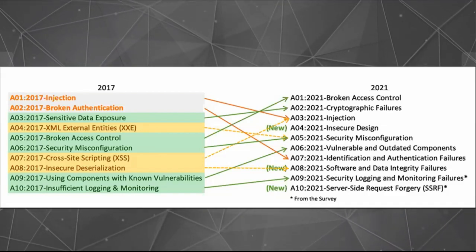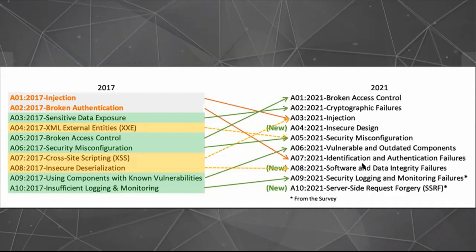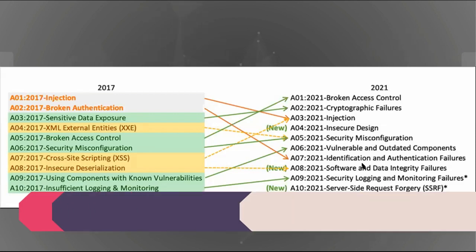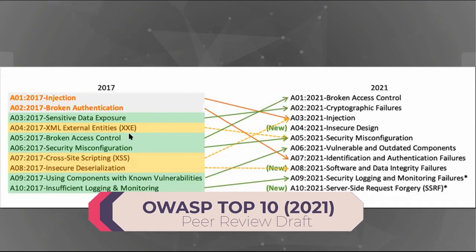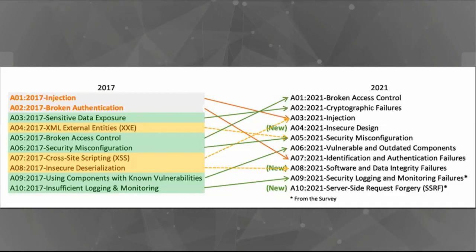2021. Draft review, because I think it will be formally announced, but this is a draft review currently going out. You should bear in mind that actually the 3 main new ones, which you can see on the screen, which is the insecure design, the software and data integrity failures, and the server-side request forgery. So those are the 3 main things that have come into the 2021.